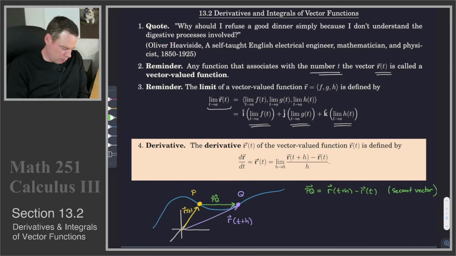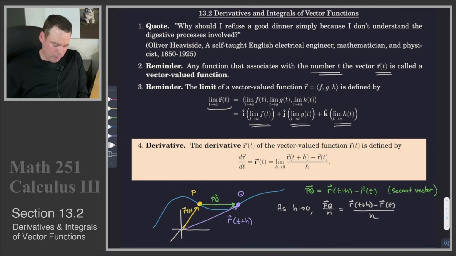What are we interested in doing with that? We are interested in noting what happens as h goes to 0. What does this vector PQ over h, or in other words, r of t plus h minus r of t all over h, do? In terms of my picture, that's just a scaled version of the green vector, the PQ vector.